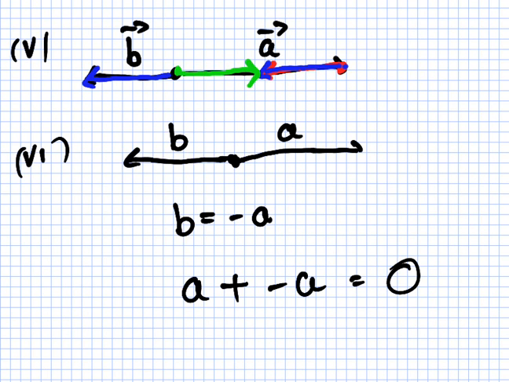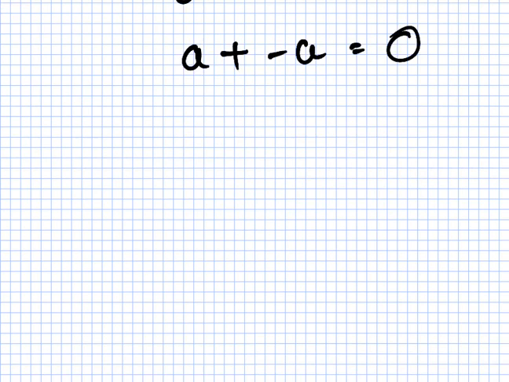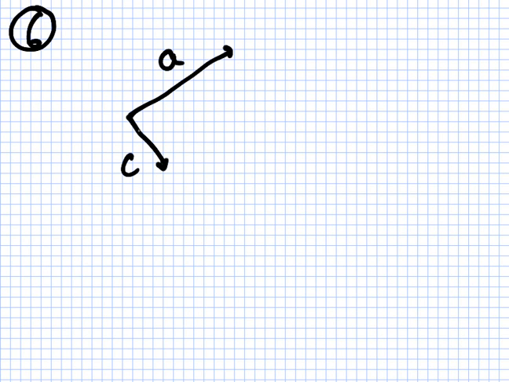Next now, number 6. So I give you 3 vectors here. A, C, and B. And first they ask you to do A plus B plus C, but B plus C is first.